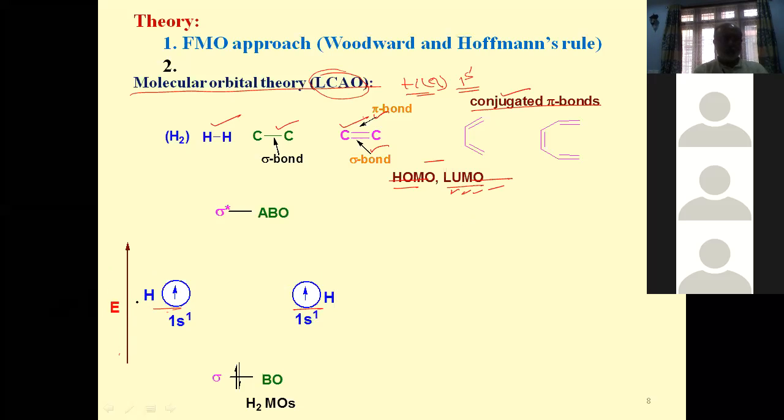Suppose the energy of the atomic orbital of hydrogen is at this level. When the molecule is formed, from two atoms, how is a bond formed? Because the hydrogen molecule has one bond.